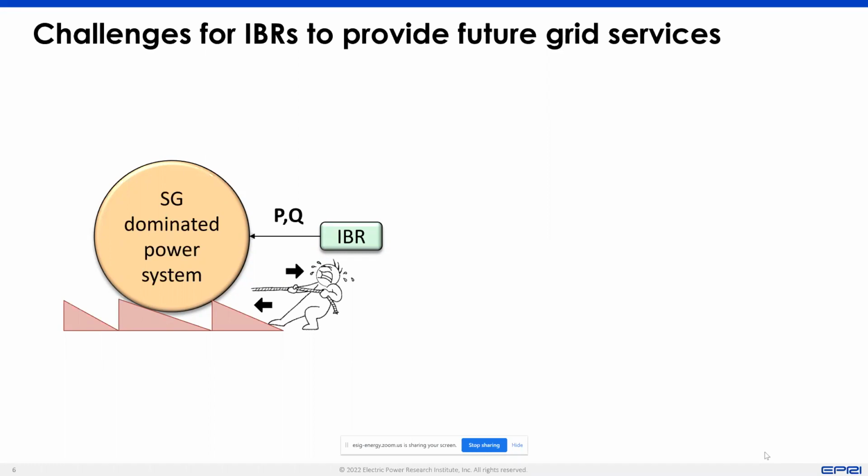But if the system itself moves, the inverter resource is going to move along with it, right? Because the size of the inverter-based resource firstly is smaller, and the synchronizing aspect between this inverter-based resource and the synchronous generator is tight. It's tightly coupled to the network. So when the network itself moves, this inverter-based resource is going to move along with it.